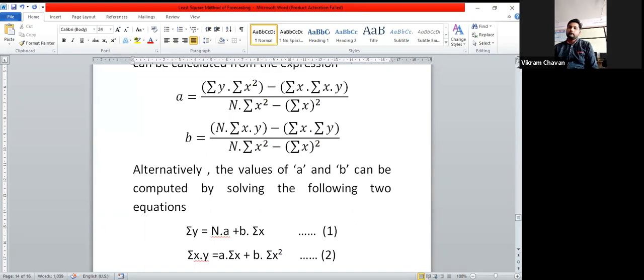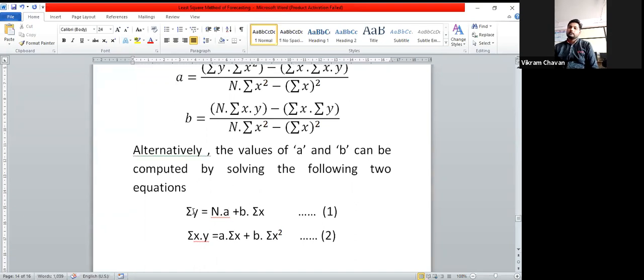Which are the two equations? Our normal equations. Summation of y is equal to n multiplied by a plus b multiplied by summation of x, and the second one is summation of x multiplied by y is equal to a multiplied by summation of x plus b multiplied by summation of x square. Why are we doing this? Remember this point.